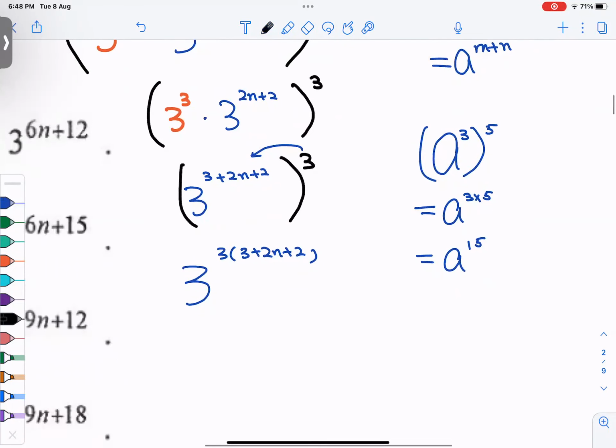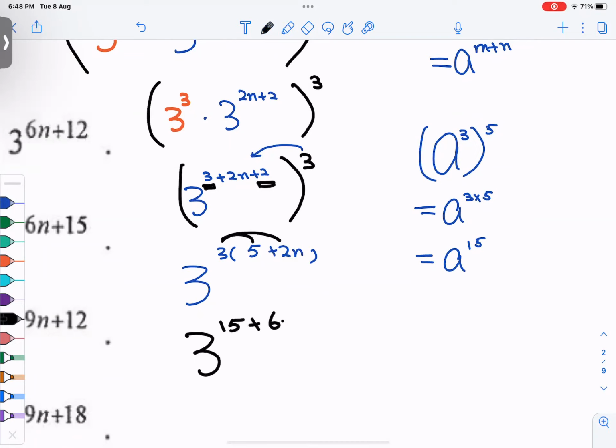So again, open up. Before opening up, we see that there are these numbers, 3 plus 2. They're the same thing, same unknowns, same numbers, so you can write it just once. 3 plus 2, you have 5. And then this 3 goes in. So you'll have 3 times 5, 15, 3 times 2, 6n.